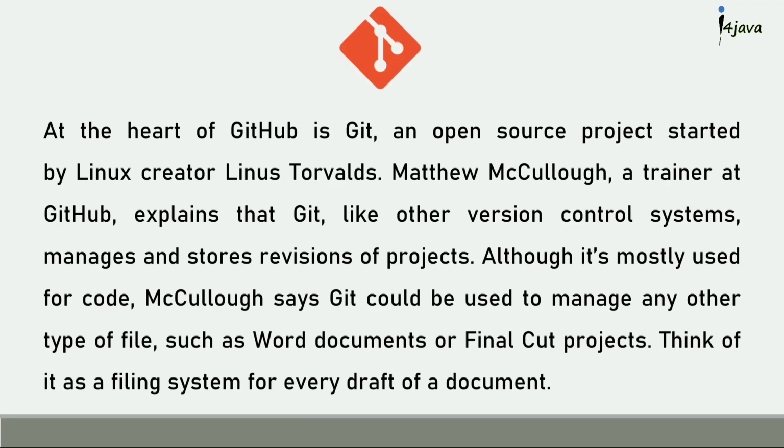At the heart of GitHub is Git, an open source project started by Linux creator Linus Torvalds. Matthew McClough, a trainer at GitHub, explained that Git, like other version control systems, manages and stores revisions of projects. Although it's mostly used for code, McClough says Git could be used to manage any other type of file such as Word documents or Final Cut projects. Think of it as a filing system for every draft of a document.